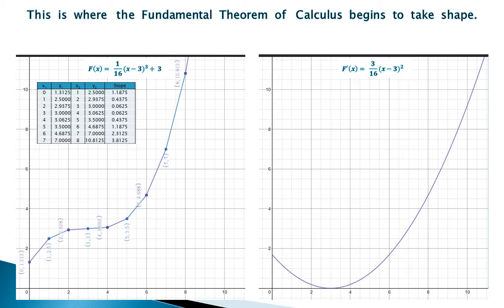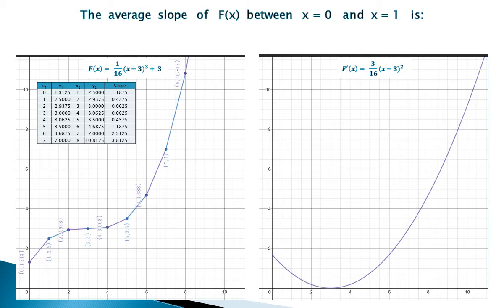This is where the fundamental theorem of calculus begins to take shape. The average slope of f of x between x equals 0 and x equals 1 is 1.1875.